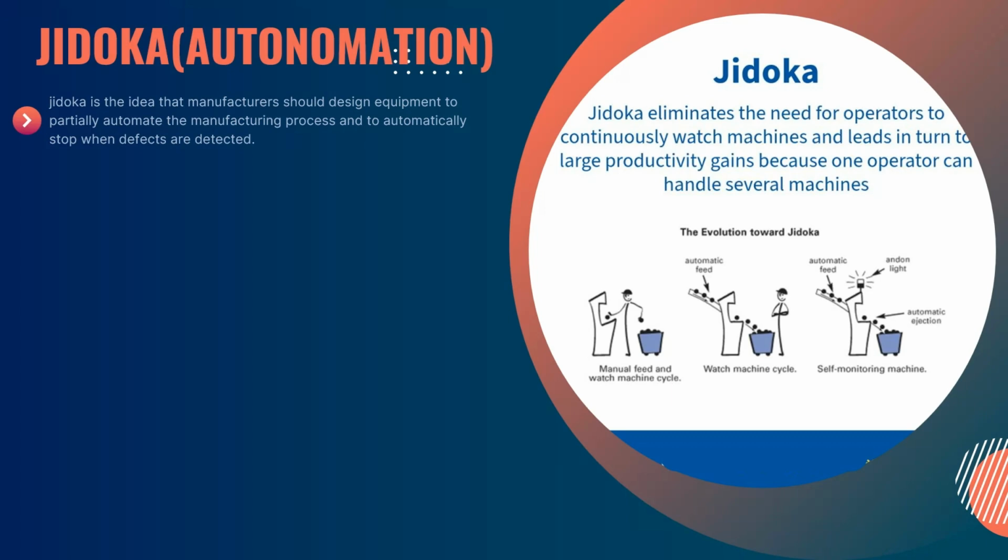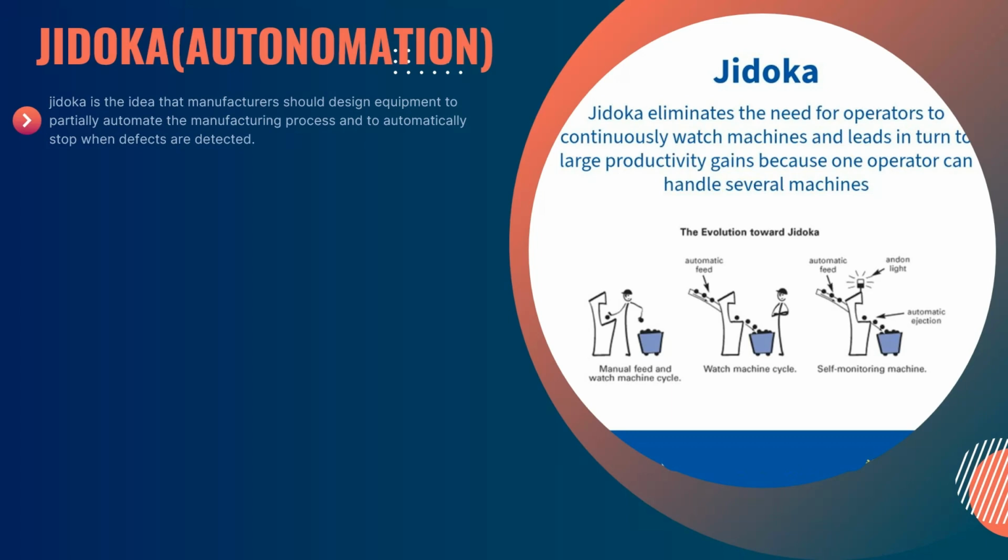It's being fed directly, but there's no defect identifying mechanism. So in the third image, the automatic feed has been given an Andon light. The Andon light gives you an indication that there is a defect, or the machine is not working, or the product has a failure. So automatic rejection is being done over there.